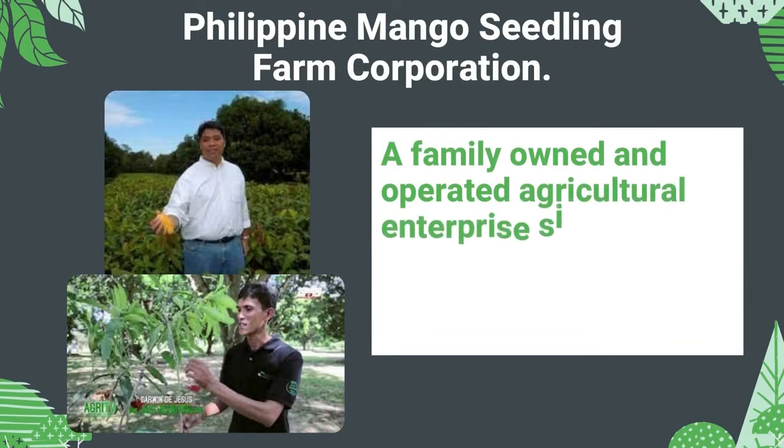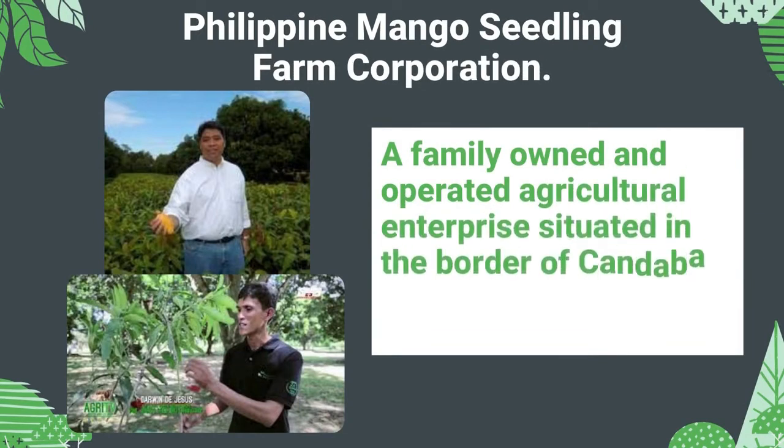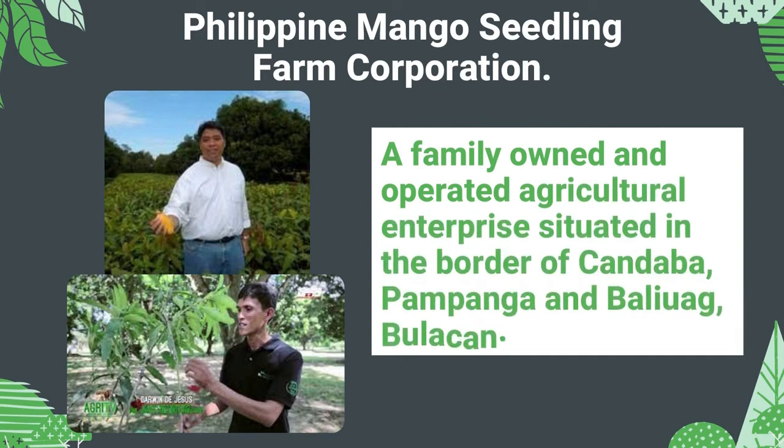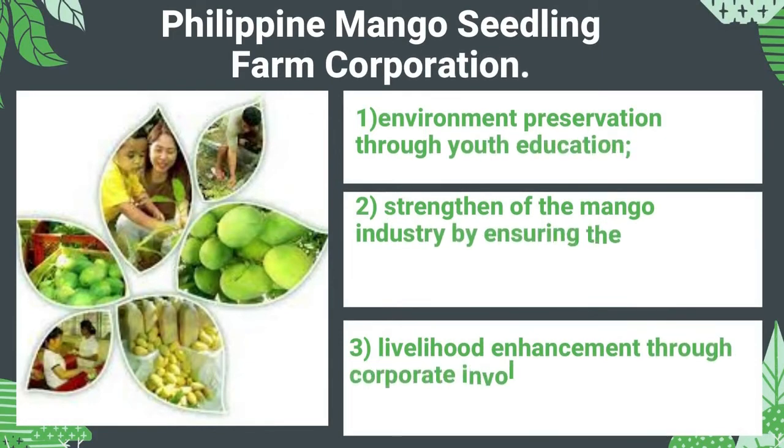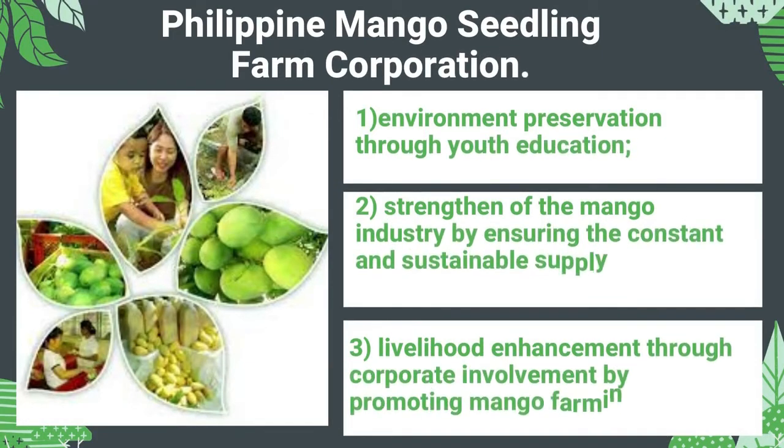Next is Philippine Mango Seedling Farm Corporation. It is a family-owned and operated agricultural enterprise situated in the border of Candaba, Pampanga and Baliwag, Bulacan. Philippine Mango Seedling Corporation was established mainly for three objectives.